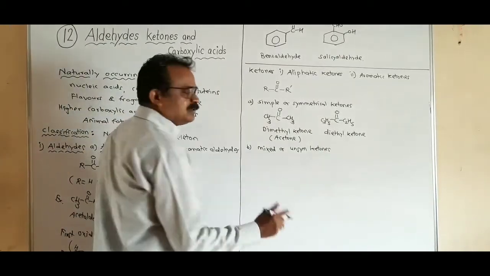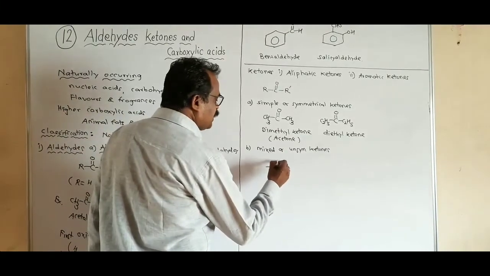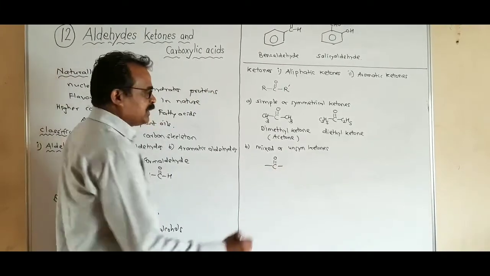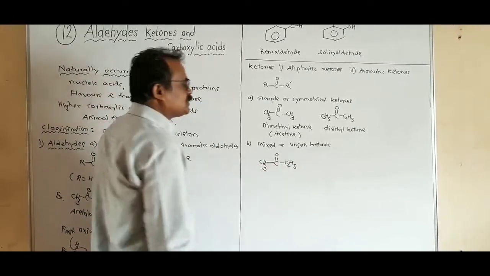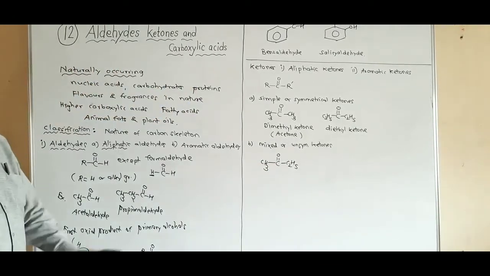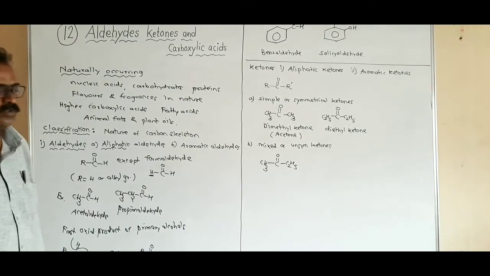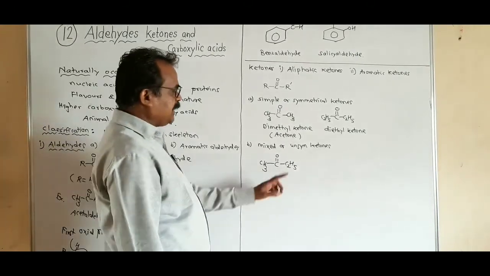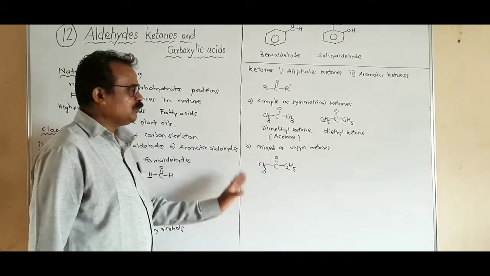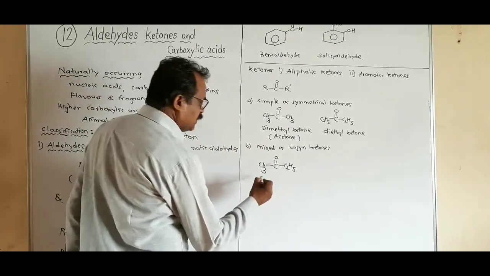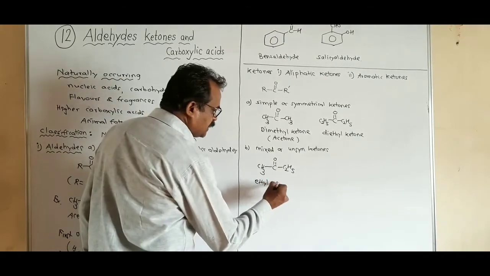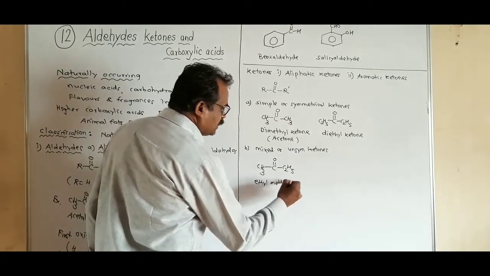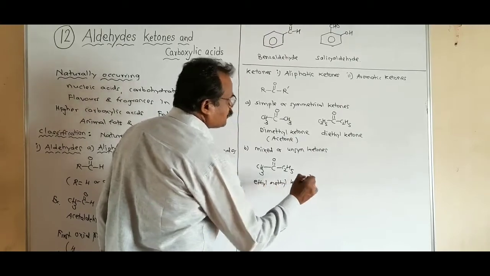When the carbonyl carbon of the carbonyl group is attached to two different alkyl groups, it is called a mixed or unsymmetrical ketone. And they are named by writing the names of the alkyl groups in alphabetical order. Therefore, ethyl is written first and then methyl. So this is called ethyl methyl ketone.